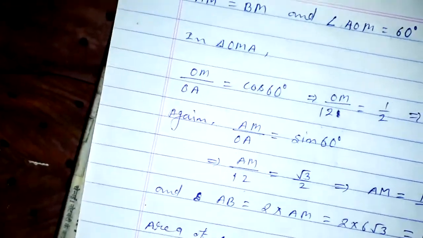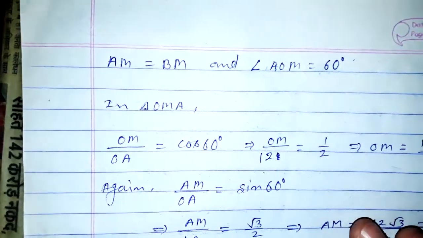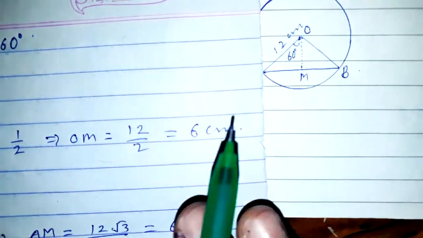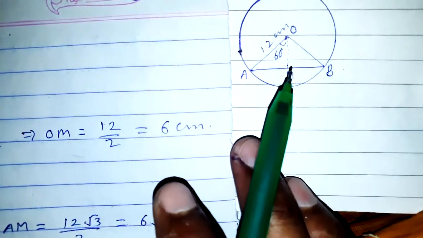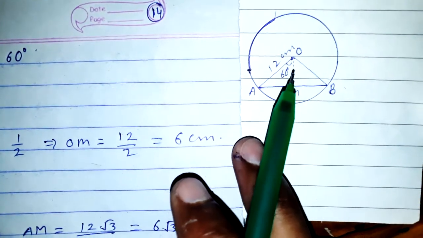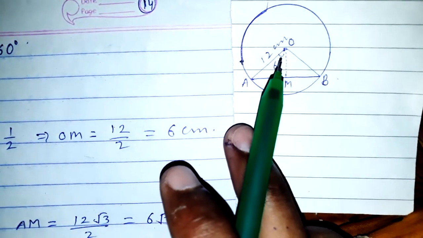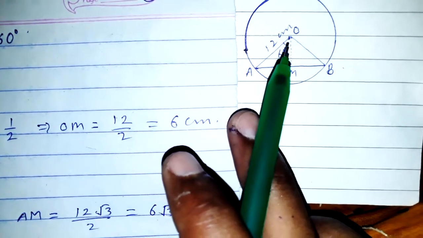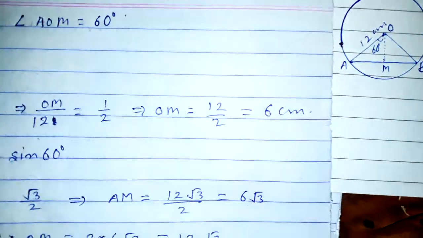So to bisect, so here this length and this length are also equal, because AM is equal to BM, and angle also divides into equal parts. So this is 60, because the complete angle is 120 degree, so this is 60 and this is 60 degree.